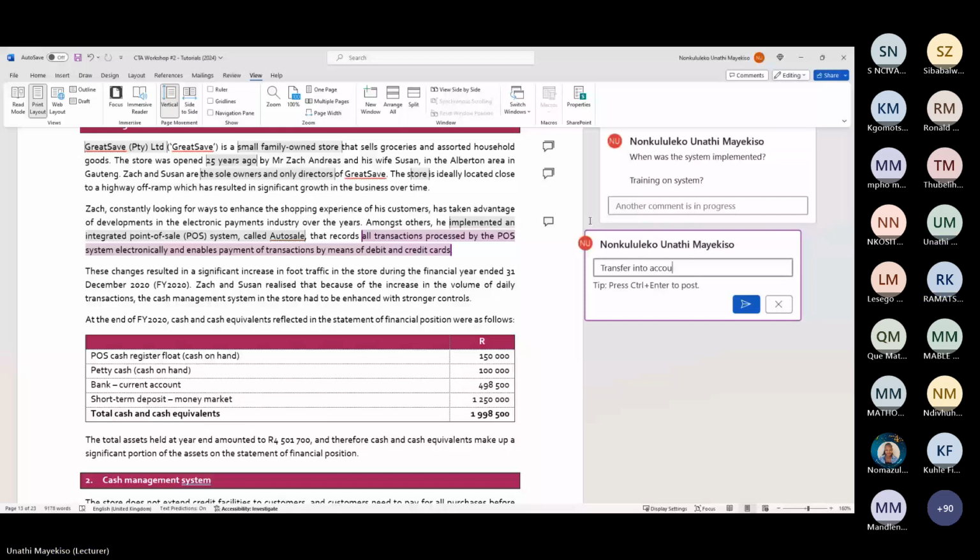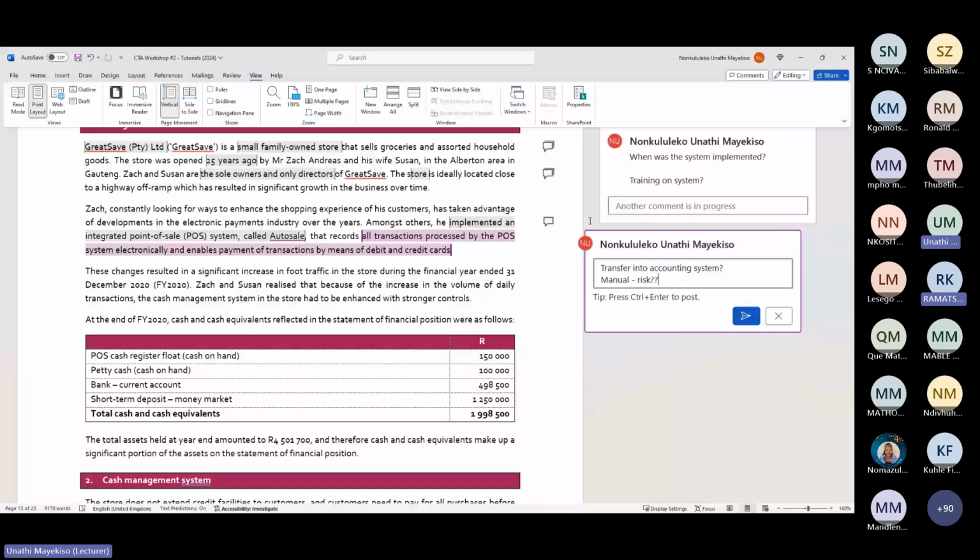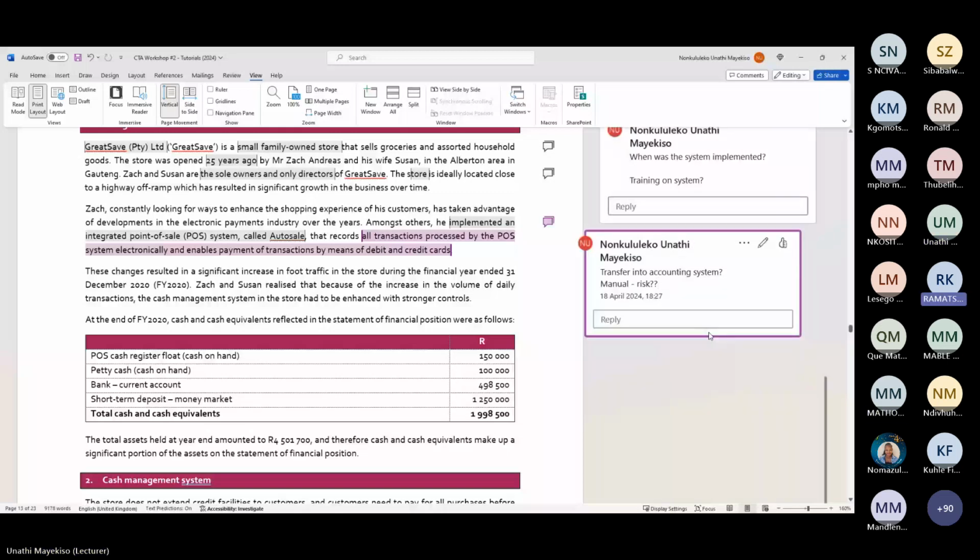Maybe it's done manually, and if it's manual, we've got risk. What if they don't transfer the data correctly? Yeah, omission, errors and fraud. Errors and then opportunity to commit fraud.